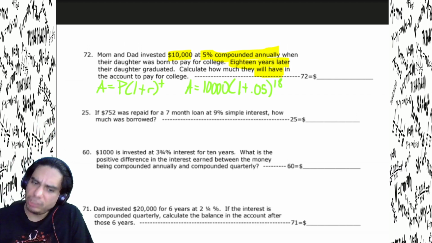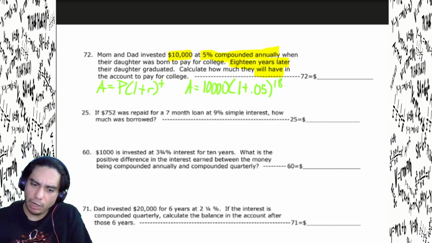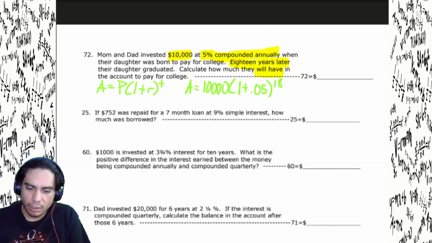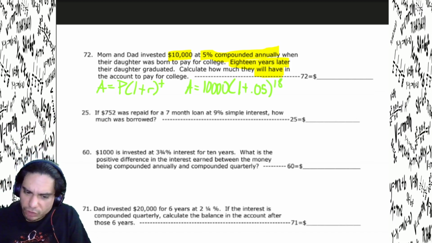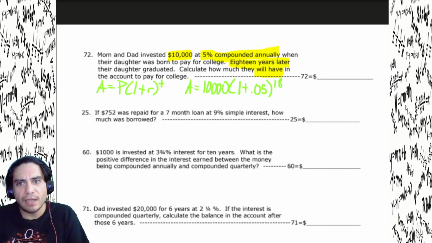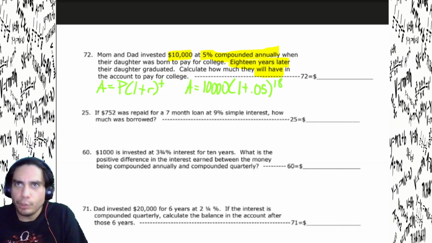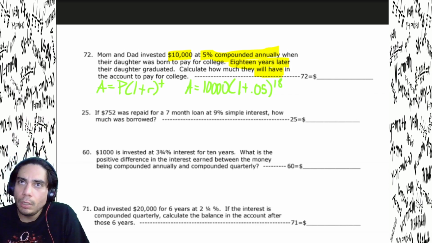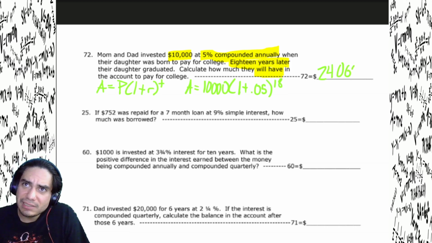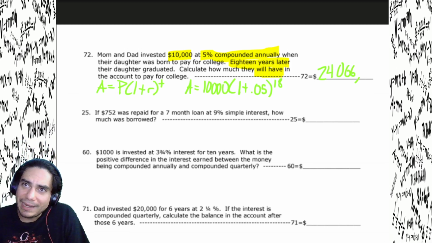Because, man, wait a second, 1 plus R just turned into 2.41. Wow, that's when we hit multiply. Bro, that $10,000 that they put away when you were born just turned into $24,066.19.